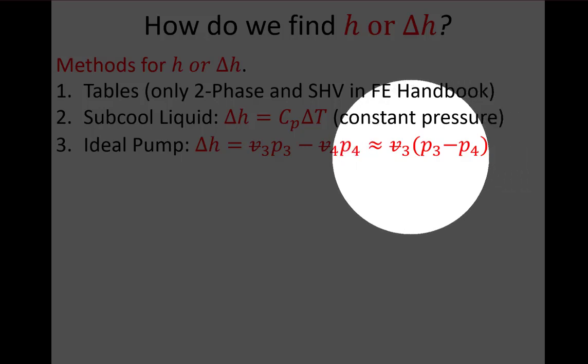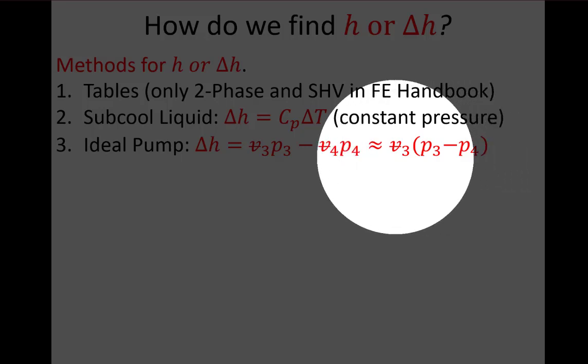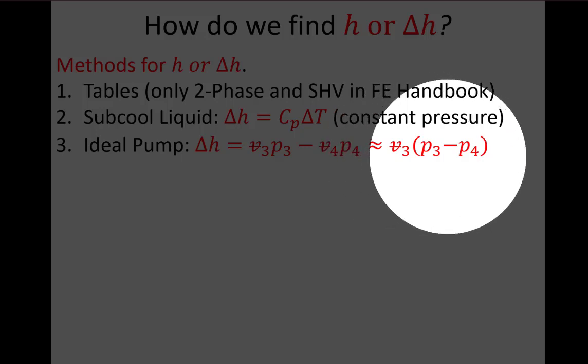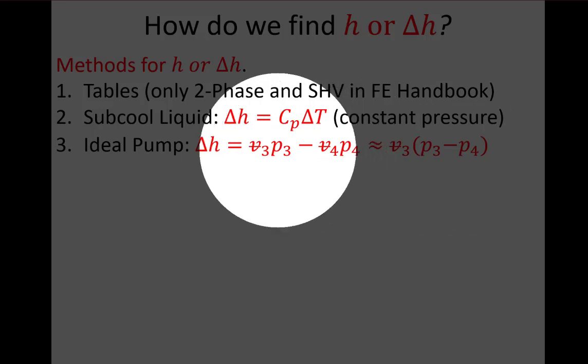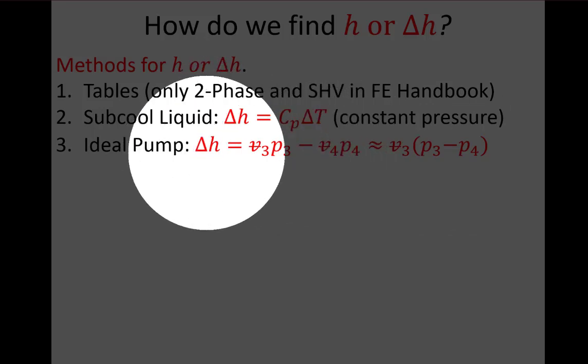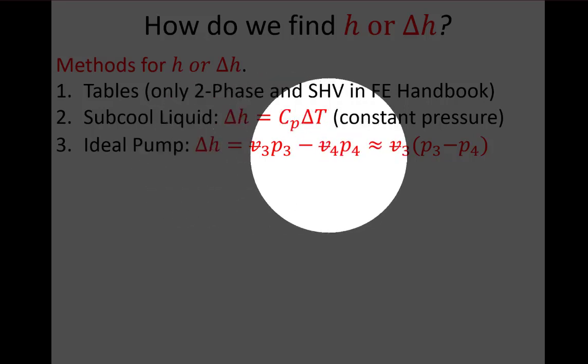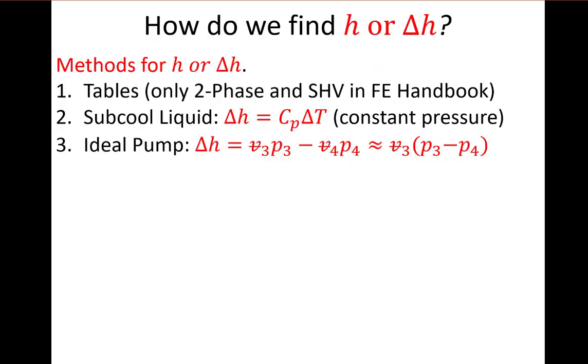It's going to be worse in imperial, where the specific volume, which I think is in cubic feet per pound mass in the textbook, is multiplied by pressures often in psi. You're going to have to work your way through the units so that you get delta H in BTU per pound mass. So that one's going to be a little trickier.